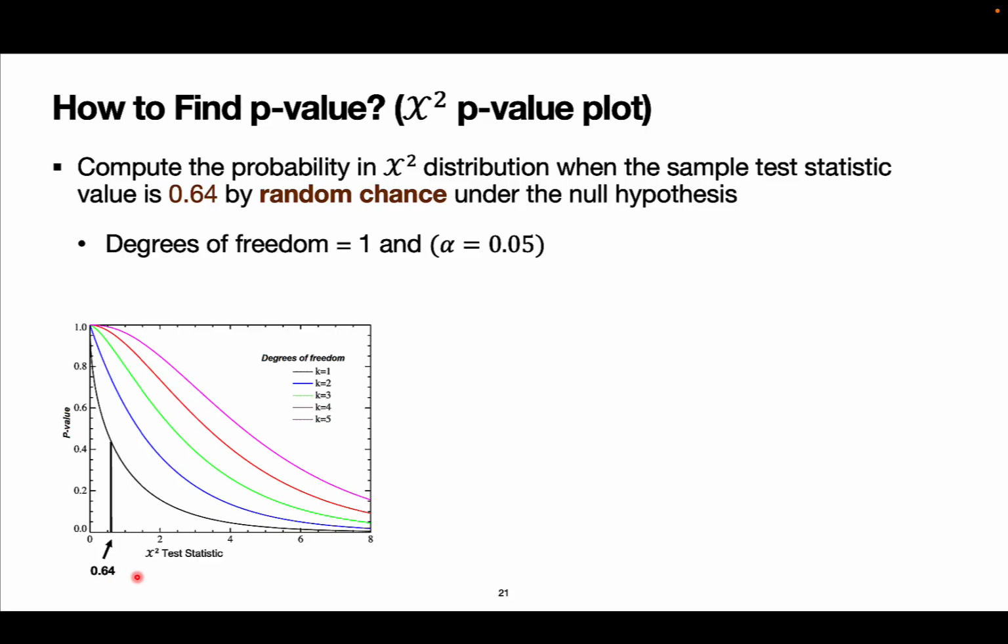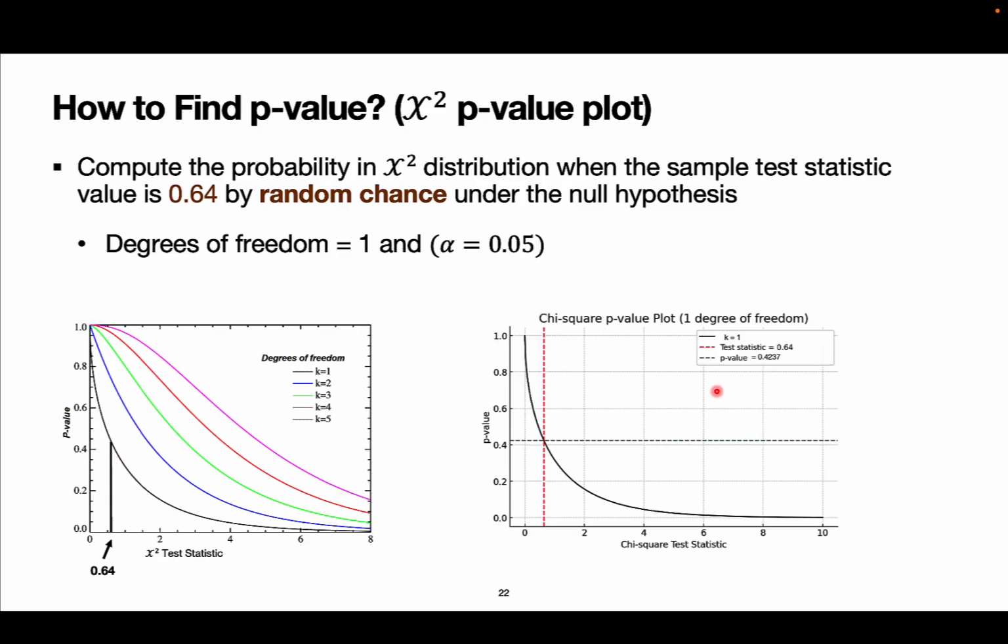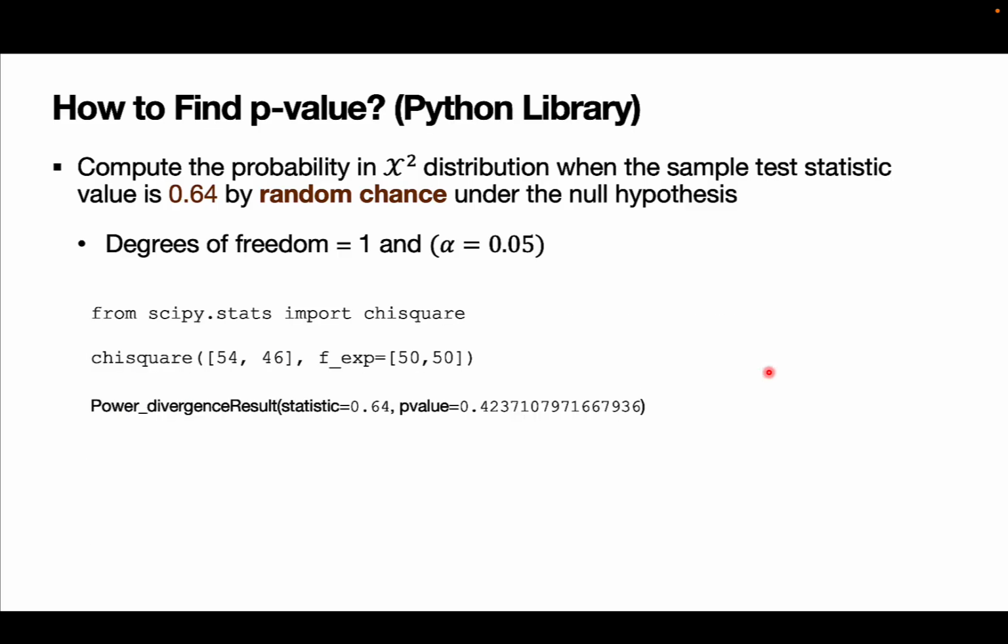A more direct method is using the chi-square p-value plot, which pre-computes the p-values for different k's degrees of freedom and different test statistics. So all I need to do here is to look up the value of 0.64 in the k equals 1 curve, and we get the same value, which is 0.4237. Finally, the most straightforward and easiest way of all is writing a Python script.